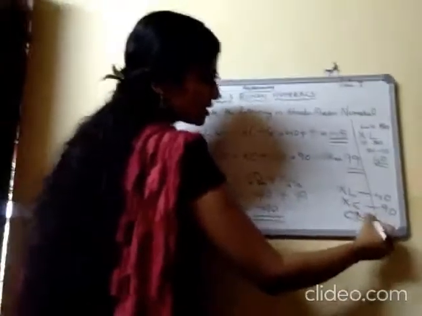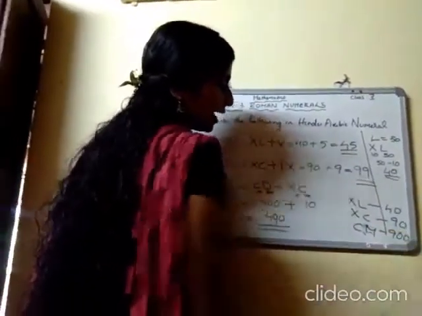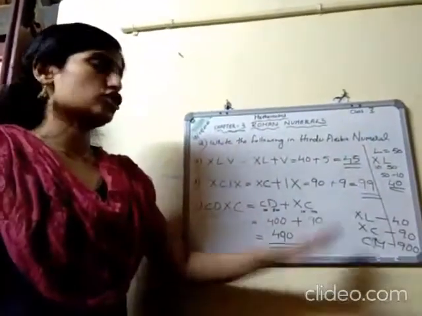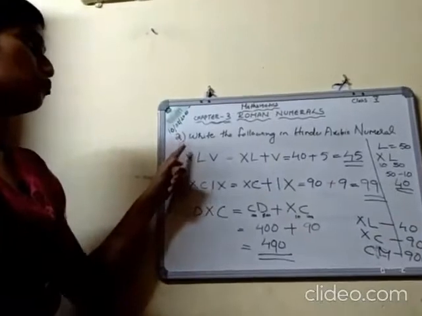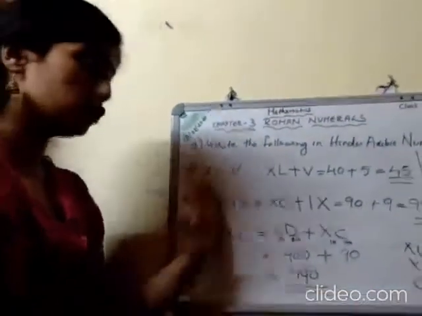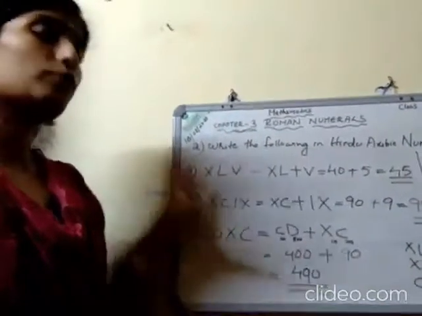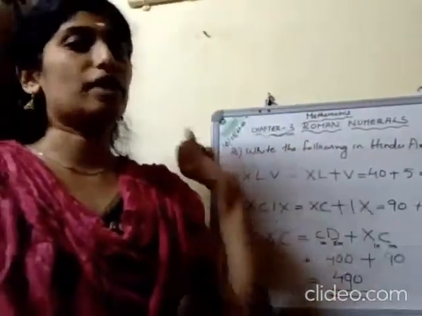So CM is a representation of 900. So you have to study the basic representations of ones, tens and hundreds. Then only it will be easy for you to represent the given Hindu-Arabic numeral as a Roman numeral, or to represent the given Roman numeral as a Hindu-Arabic numeral.